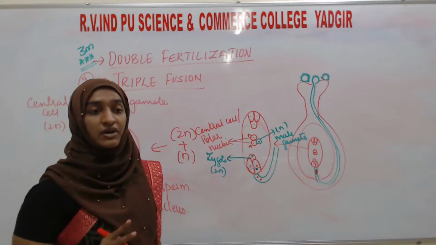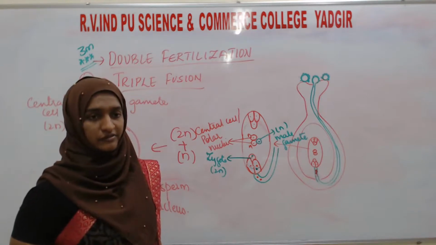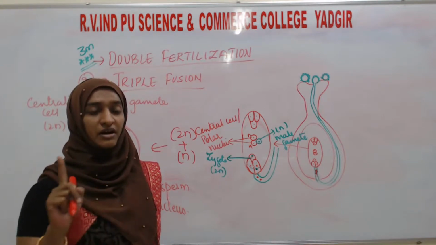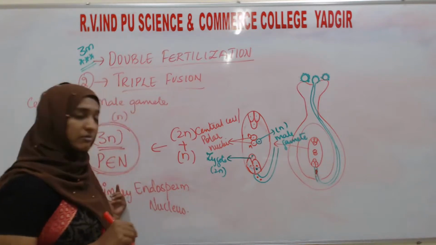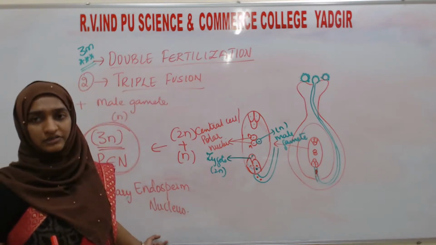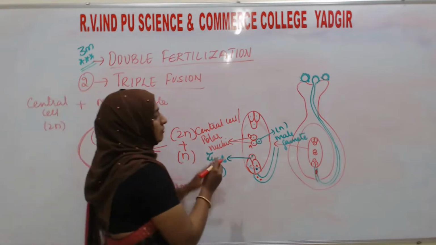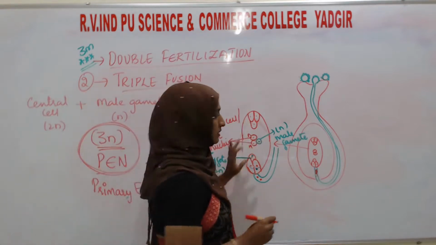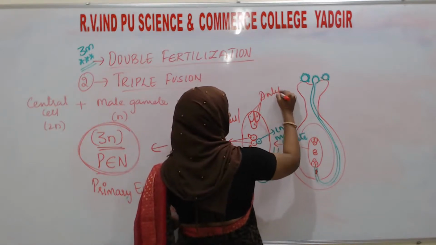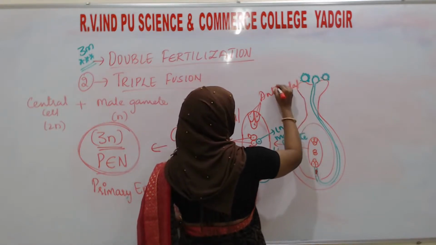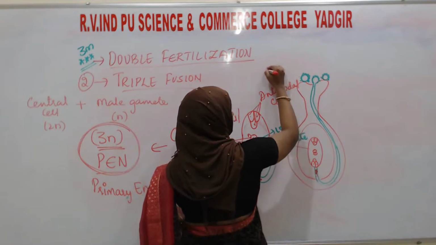Fertilization takes place two times. One forms a zygote. The next fertilization forms a primary endosperm nucleus. And what about these antipodal cells? These three antipodal cells will degenerate.